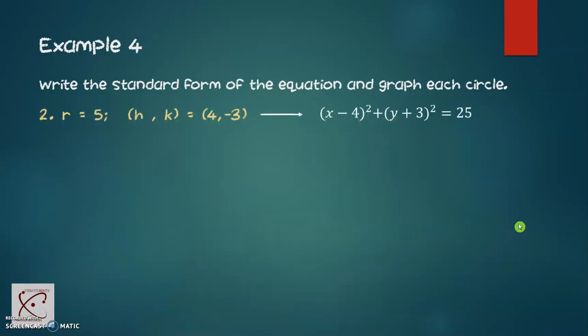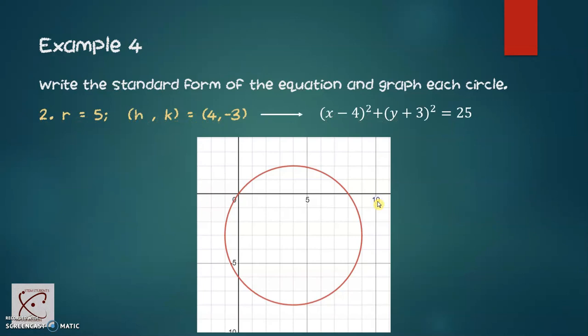And for number 2, this will be its graph. And its center is at point 4 and negative 3. So, our 4 is 1, 2, 3, 4. So, here. And then 1, 2, 3. So, here is our center. And we count 5 units from the center to the right, left, up, and down.